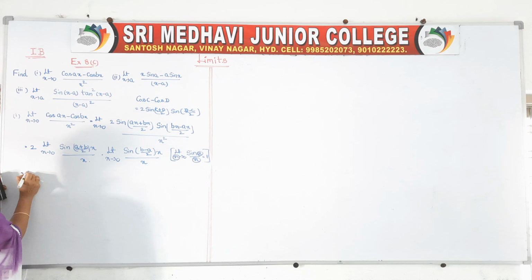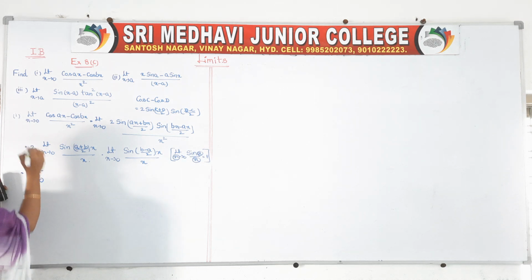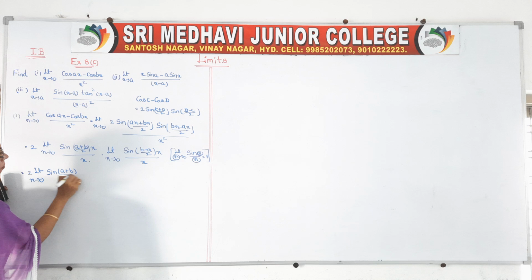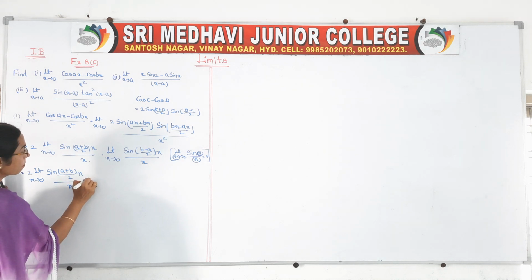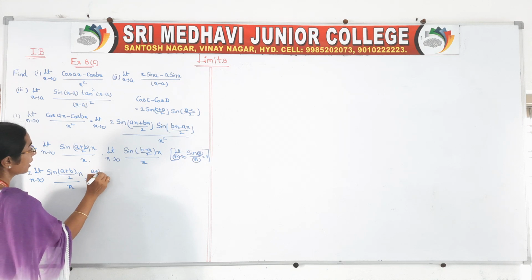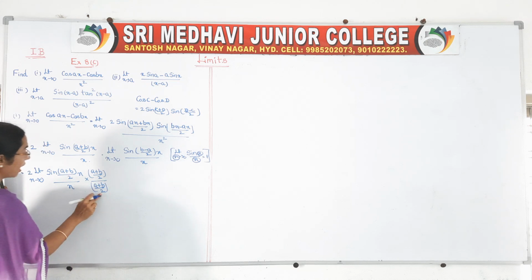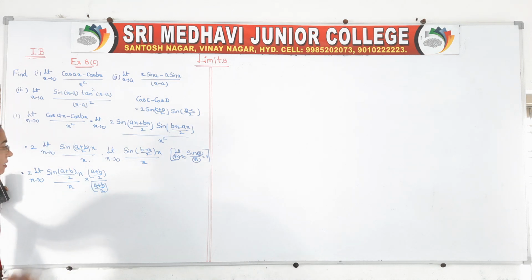Okay, so here 2 is a constant. Limit x tends to 0, we can write sine of (a plus b) by 2 x, by x, multiplying and dividing with (a plus b) by 2, so that we can have the same value with x.